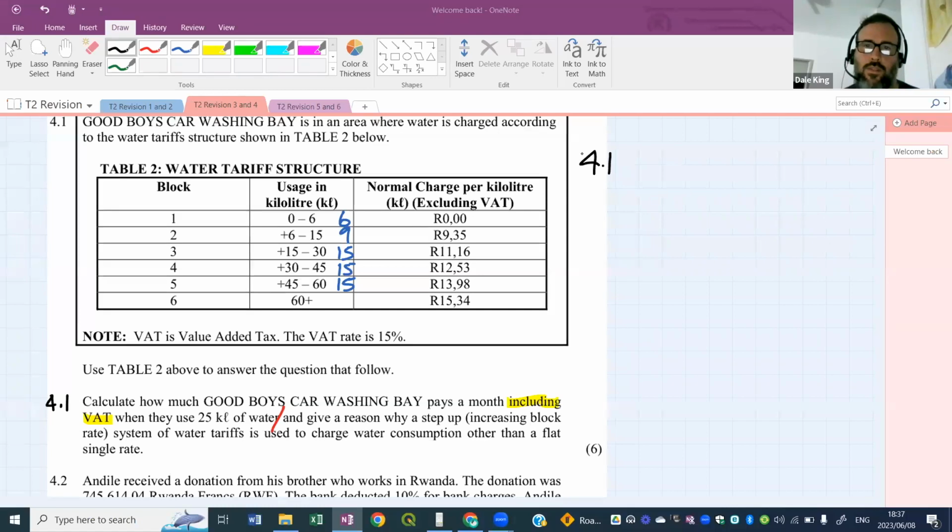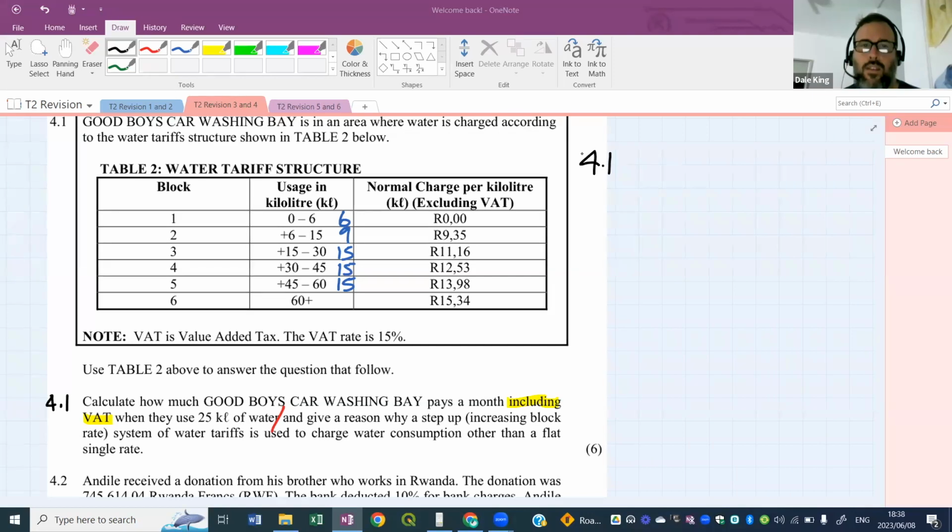Okay, so we first use the method that we used, like 0 to 6 equals 6. And then, for example, 15 kiloliters minus 6, so then you get 9.